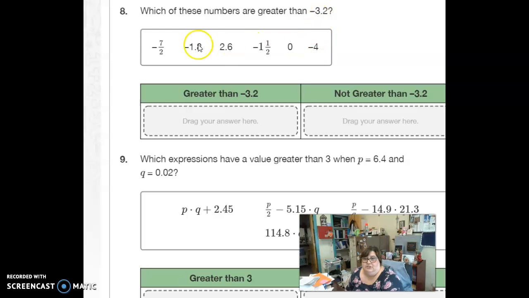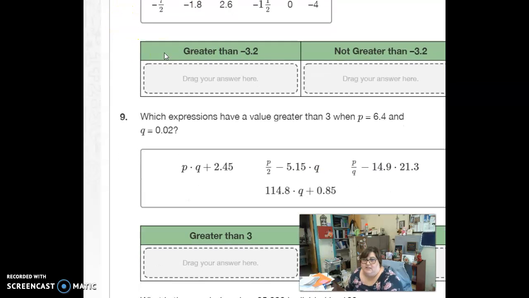Okay, these numbers you need to find out which are greater than negative 3.2. So this one you may have to divide it out to find that, and then think about how it is on your number line.